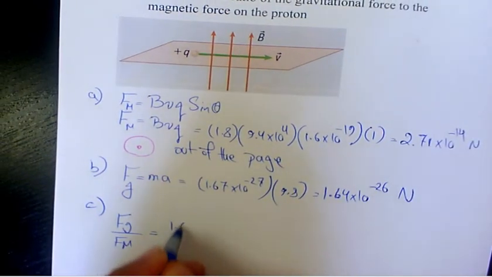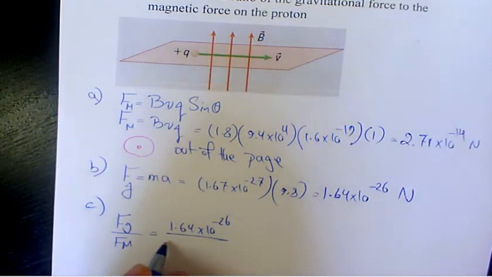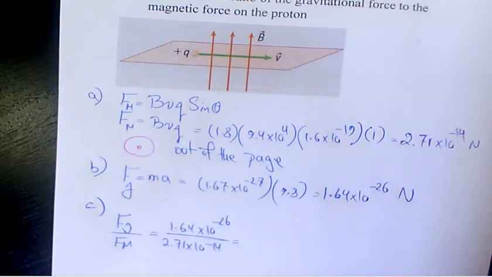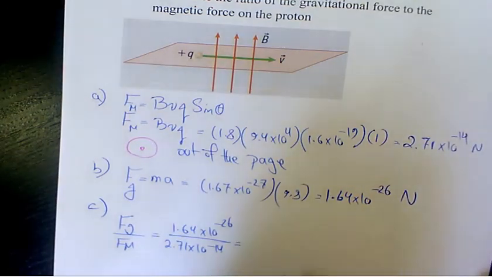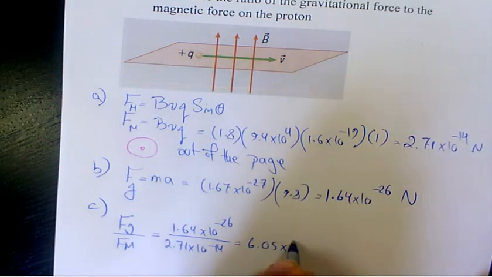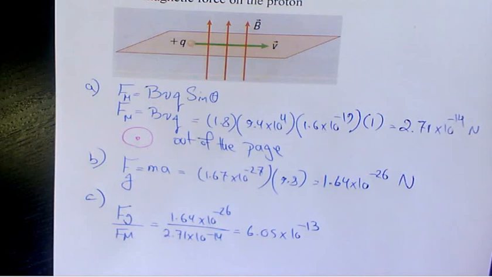Fg is 1.64 times 10 to the power of negative 26 divided by Fm, 2.71 times 10 to the power of negative 14. That will be 6.05 times 10 to the power of negative 13. That's going to be the ratio. It means that the gravitational force is much smaller than the magnetic force in this case.